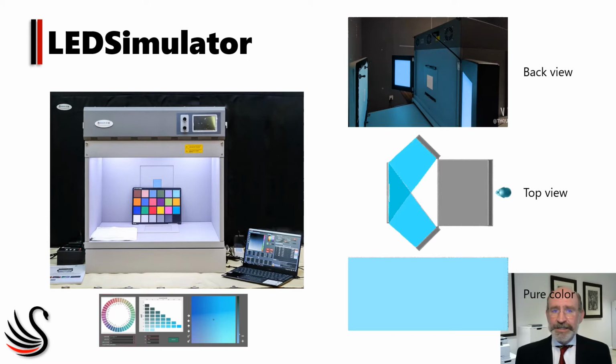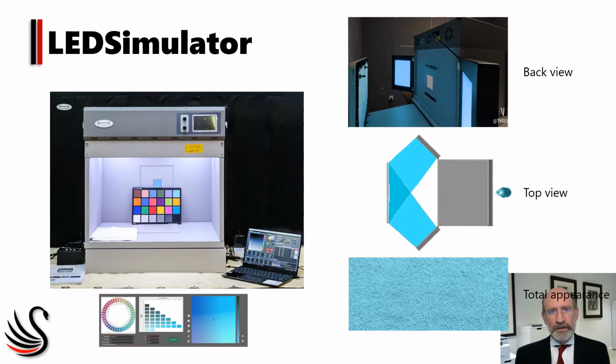In addition to seeing the total appearance, you can also isolate the pure color appearance, factoring out the contribution of texture. This is the pure color that is applied to the fabric. But when they're grouped together, again, we see the total appearance. So in essence, that is the selection process the designer would go through to use said LEDSimulator in color exploration.